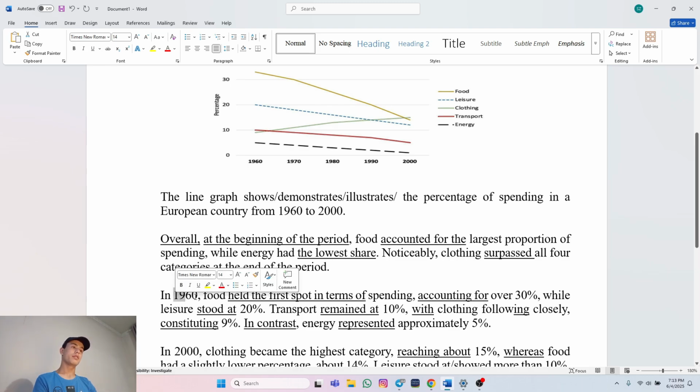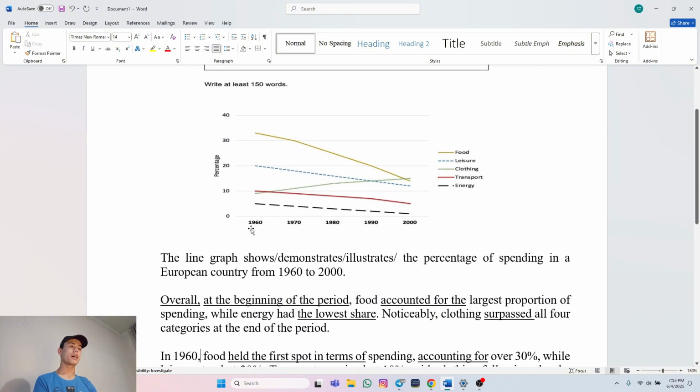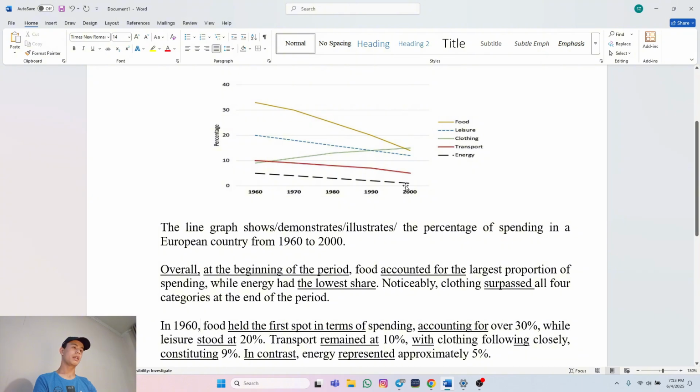In 1960, I always describe these standings. For example, food, the yellow one, held the first spot in terms of spending. It's standing at the first spot. I think you understand what I'm saying.